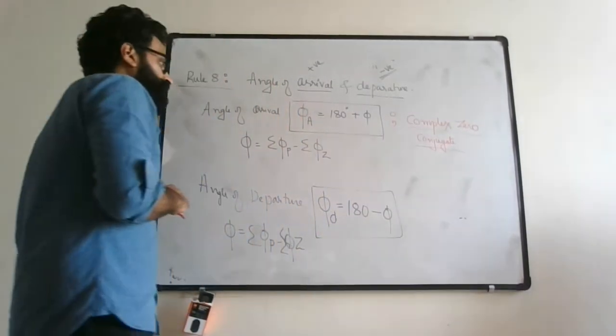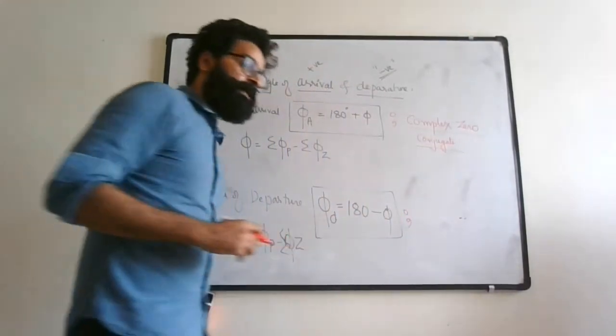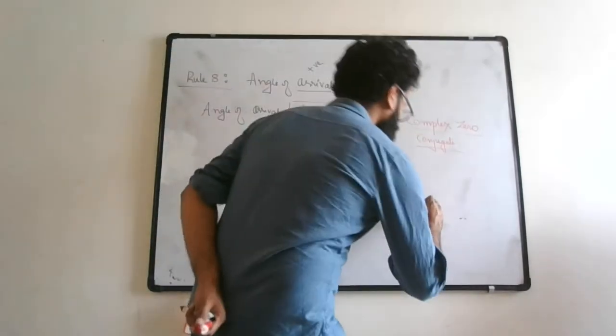On the other hand, angle of departure is applicable if your transfer function consists of complex conjugate poles.